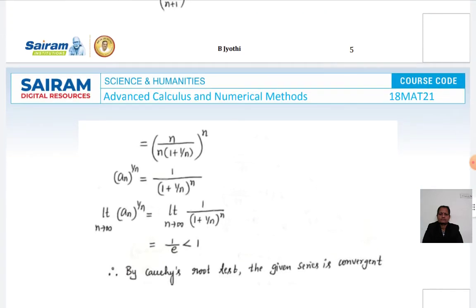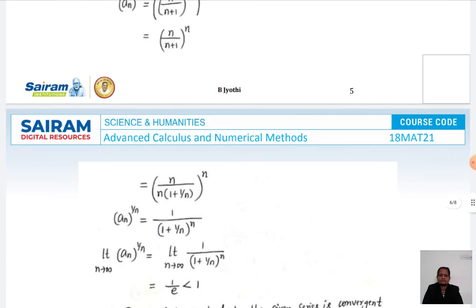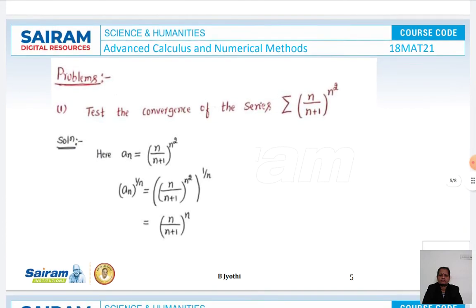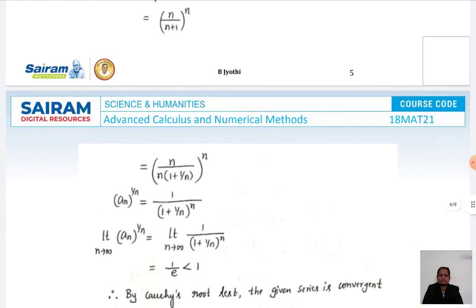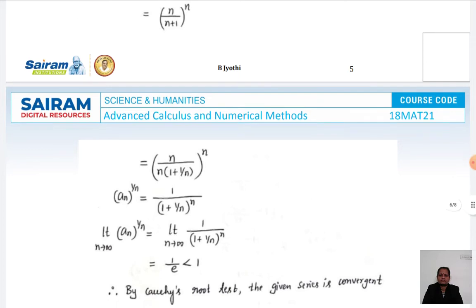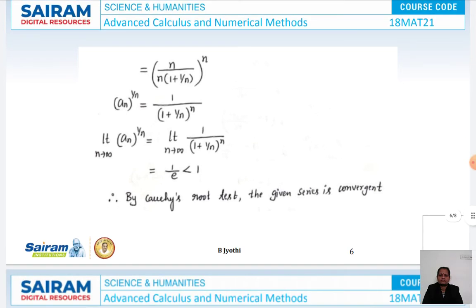Simplify by taking the n outside from both numerator and denominator, we get an to the power of 1 by n is equal to 1 divided by (1 plus 1 by n) whole power n. Let us take the limit on both the sides.